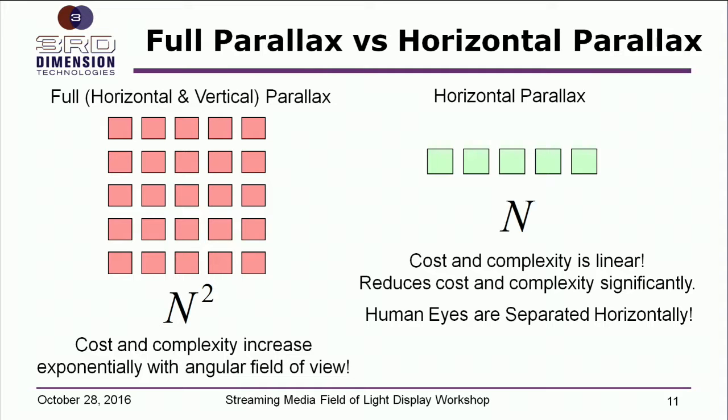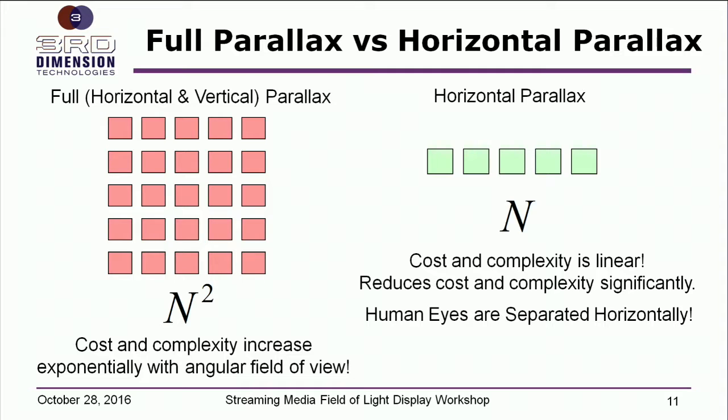If you've got a 12-view array, then for full parallax you need 144 views. For horizontal parallax only, you only need 12 views. If you've got 12 degrees of look around and you need 1 projector per degree, then the cost is down by the square root of what it costs for full parallax.